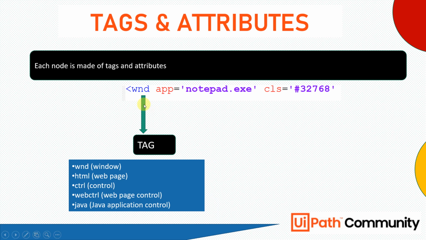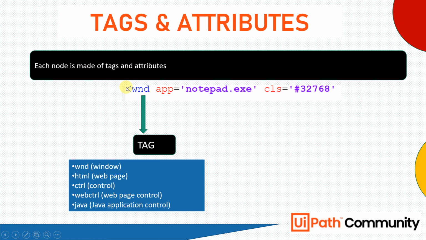Similarly, whenever we are dealing with an HTML web page or a web application, this WND will be replaced by HTML, and that's how UiPath will know that we are dealing with an HTML application. Similarly for a web control and Java. As of now I was dealing with a Windows application, that was Notepad, that's why it's coming as window. So that is what is called a tag.